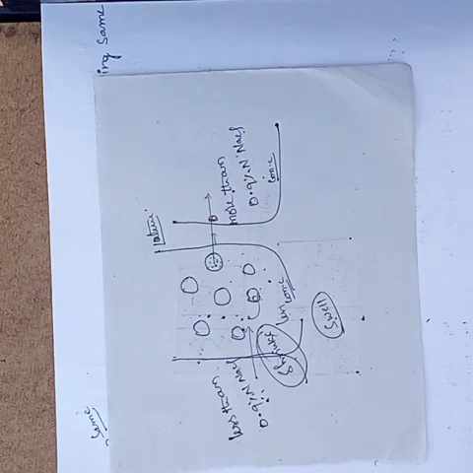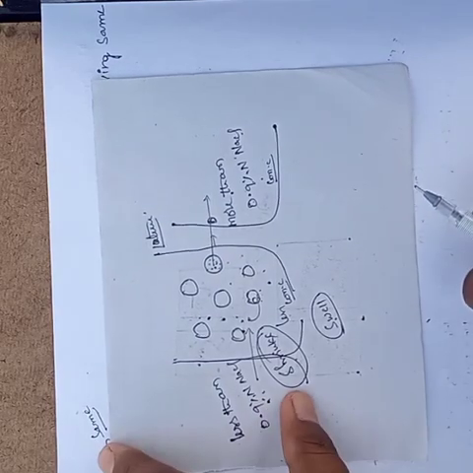RBC cells will swell when kept in a concentration less than 0.9% normality, and RBC cells will shrink when kept in more than 0.9% normality of sodium chloride.